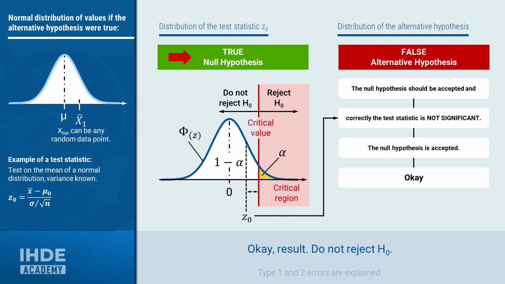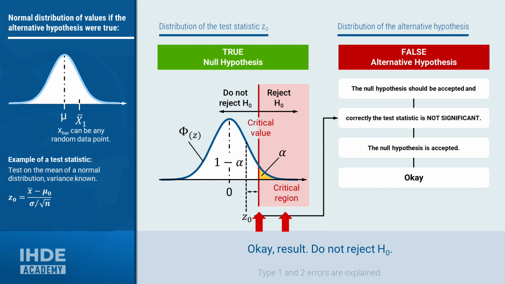In the first case, we assume again that the null hypothesis is true. Since the null and alternative hypotheses are mutually exclusive, the alternative hypothesis must be false. We said earlier that alpha is the maximum significance level we accept for rejecting a true null hypothesis.